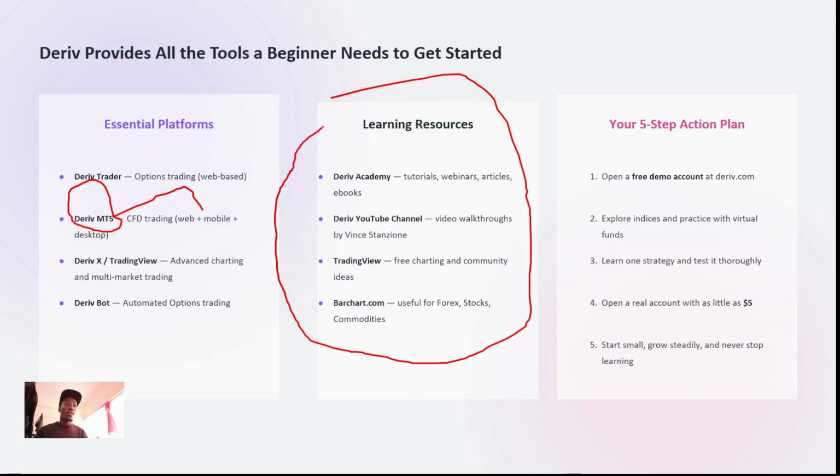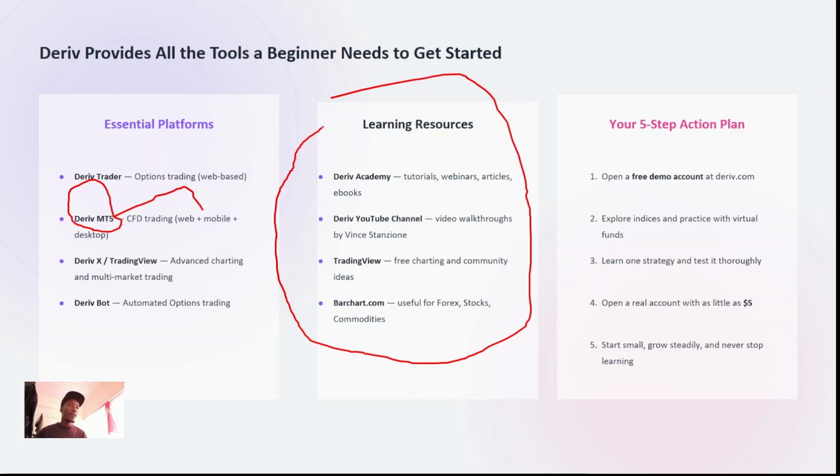They have video walkthroughs that take you through to learn more about synthetic indices and everything. We have TradingView, free charting and community ideas. The TradingView community is also there. You can go there and get their insights and see how they analyze the markets.